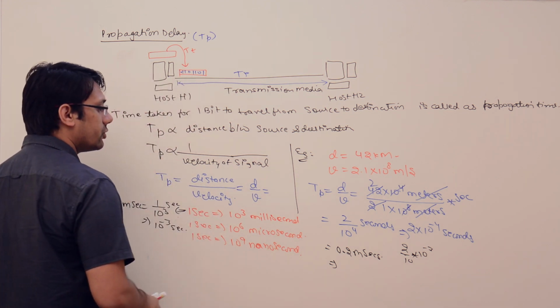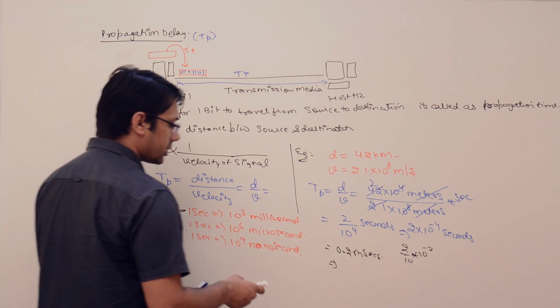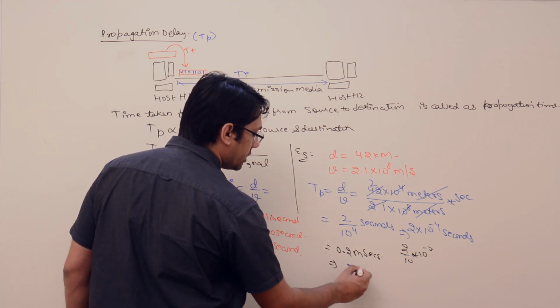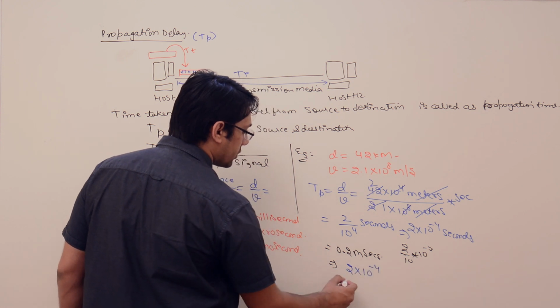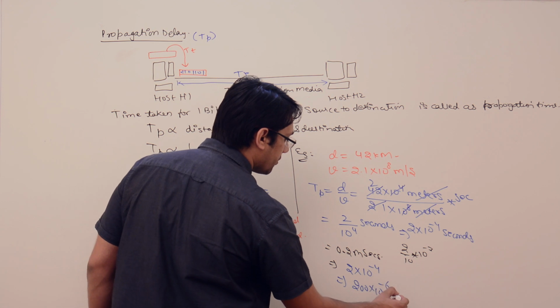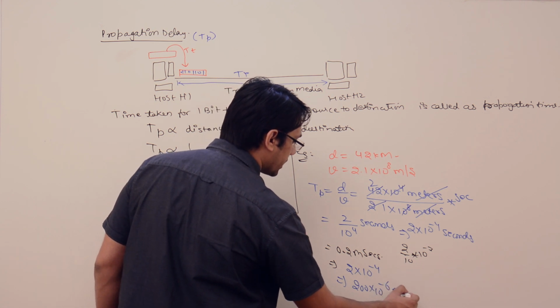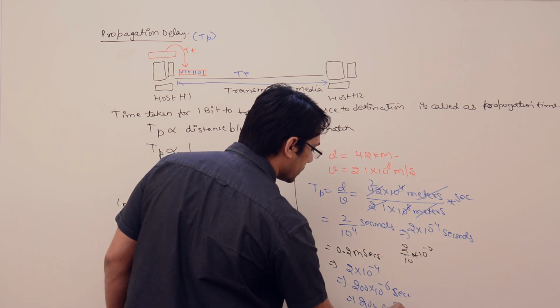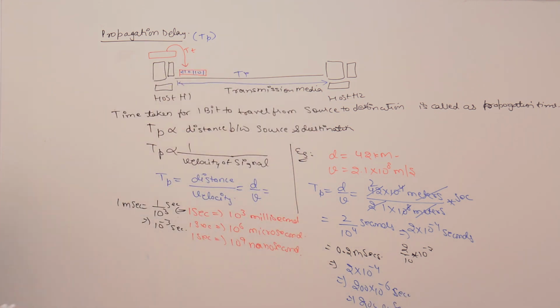You can also convert this to microseconds. It is 2 into 10 raised to power minus 4, so you can call it 200 into 10 raised to power minus 6 seconds, which is equal to 200 microseconds.